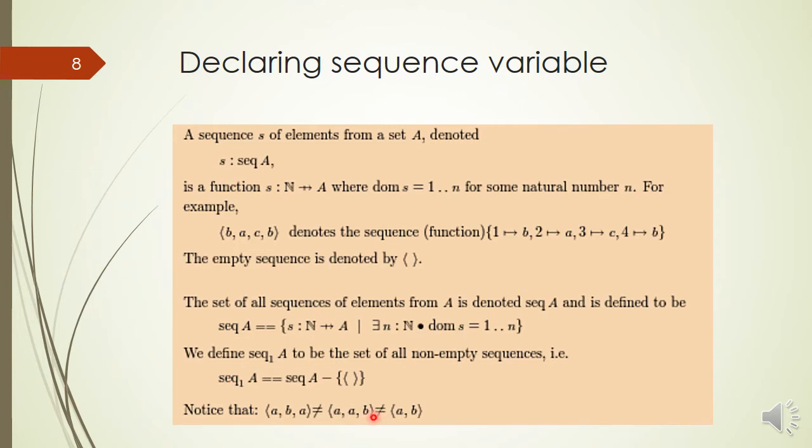And this is another sequence with two elements. So all these three sequences are different from each other. So a sequence preserves the order of elements, and it is different from the set representation.